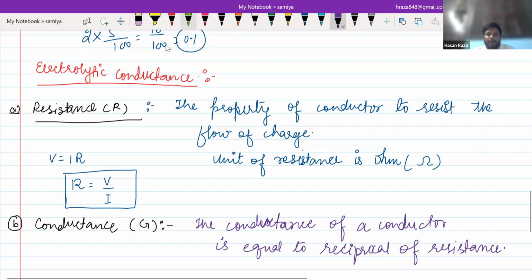So please write it and let me know when you are done. So what is conductance? Conductance is the reciprocal of resistance, and by this definition, we are going to have a mathematical equation, a formula, which is very important.